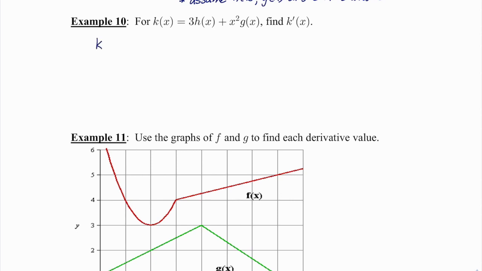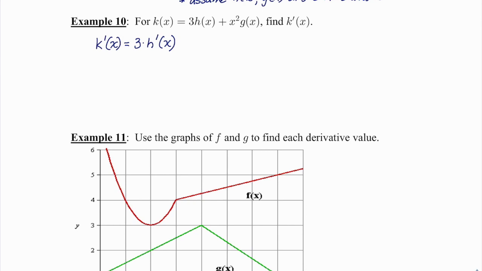But I can think, well, k is a constant multiple of one function, and when I do the derivative of a constant multiple of a function, I just keep that constant multiple and multiply it by the derivative of the function it's multiplied by. So in this case, that would be h prime of x. I don't need the product rule there because only one of those factors involves a variable. So in this case, rather than using the product rule, I'm just using the constant multiple rule.